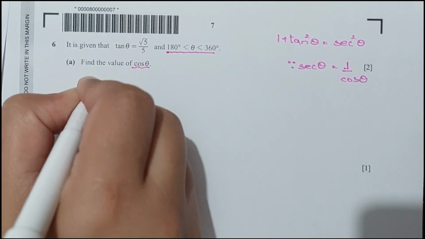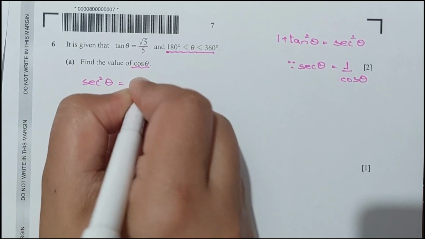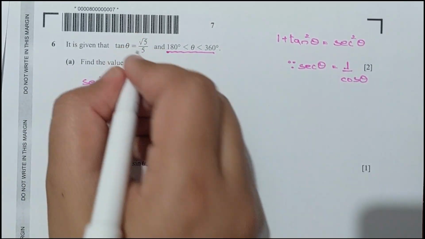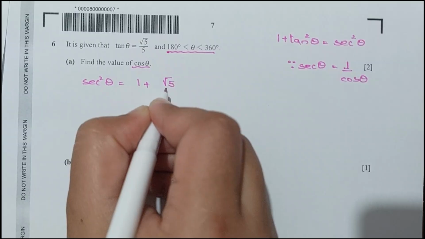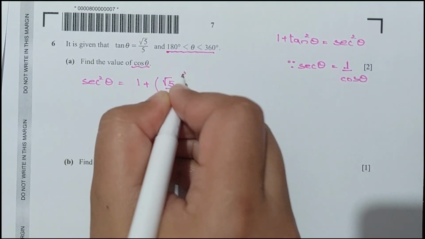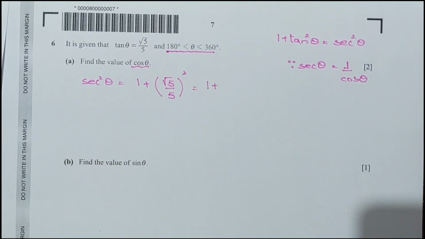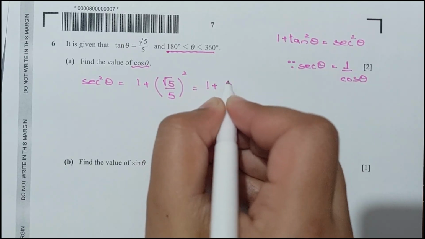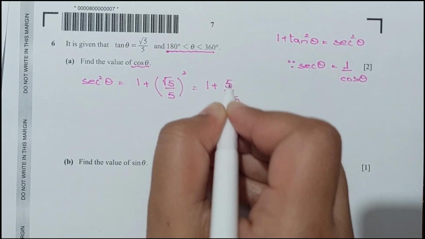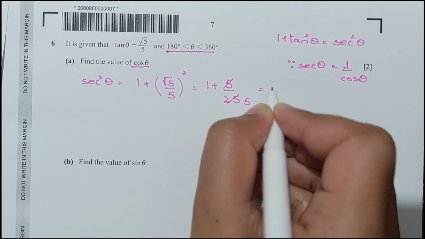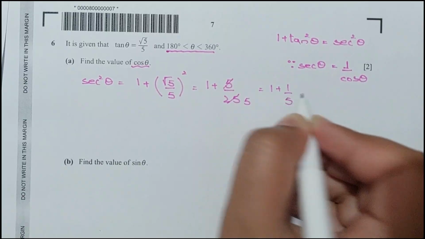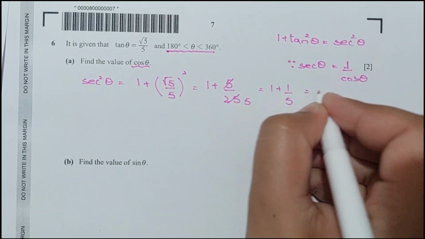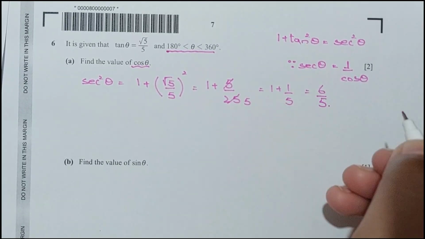So secant square theta equals 1 plus tan square theta. Tan theta is root 5 over 5, its whole square. This is 1 plus root 5 square, which is 5, over 5 square, which is 25. 5 times 5 is 25. So 1 plus 1 over 5, which is 5 plus 1, that is 6 over 5.